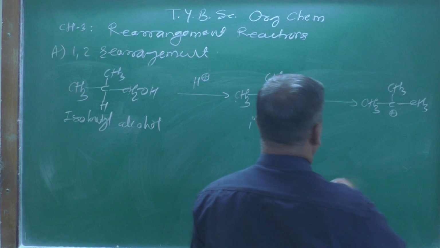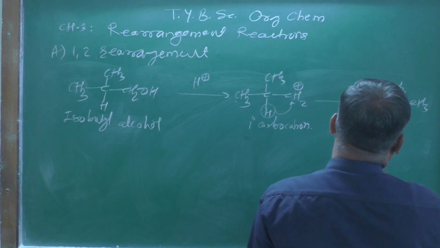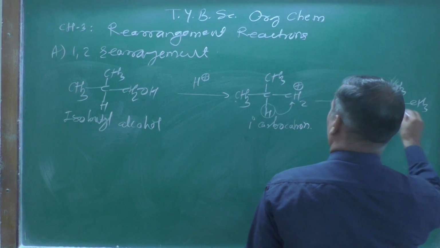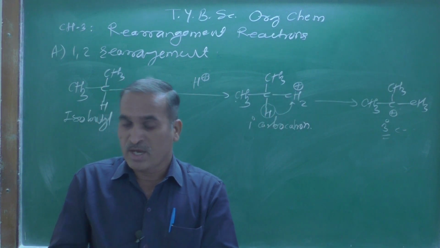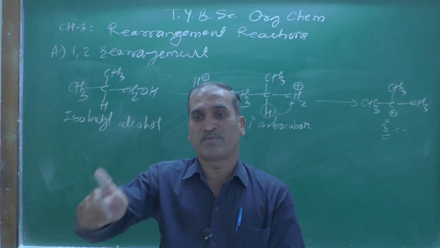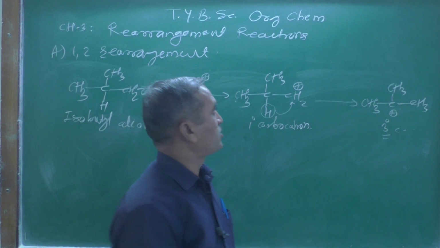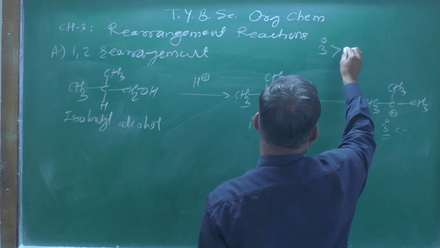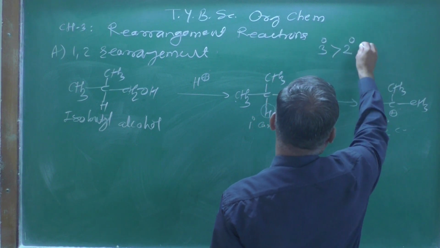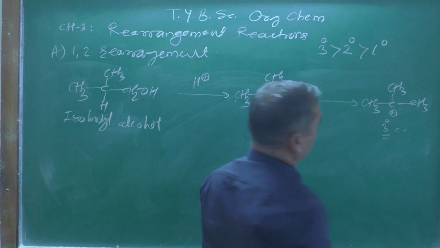Now if you look at this one, the nature of that carbocation is a tertiary carbocation. As we know, which carbocation is more stable? Generally a tertiary carbocation is more stable than a secondary, than the primary carbocation.